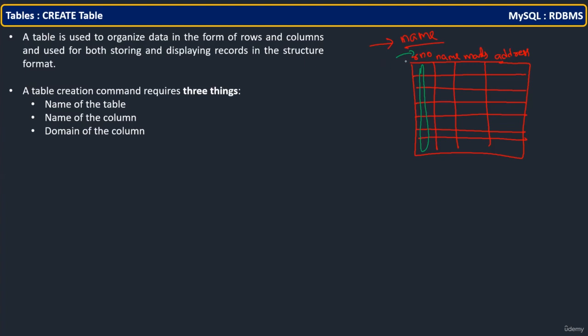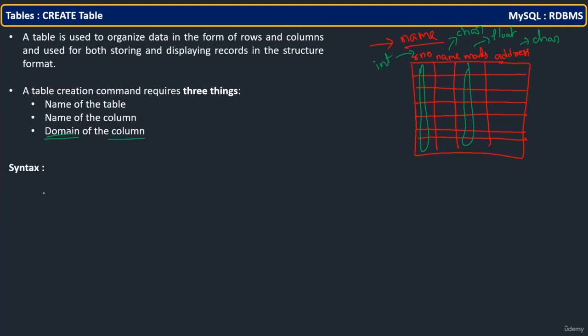I want to store roll number, so integer data only, that is what domain means. And name is a string, a combination of characters, so only char type data you are going to allow under name. Marks is a float, and address is again character. So under that particular column, whatever kind of data you are allowing, that domain you must mention.